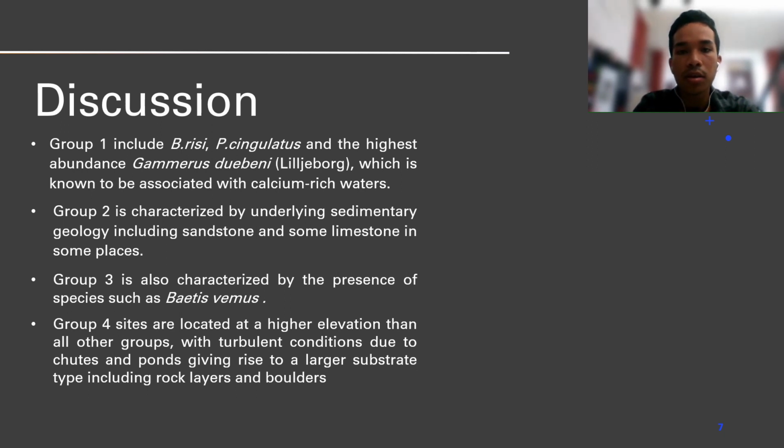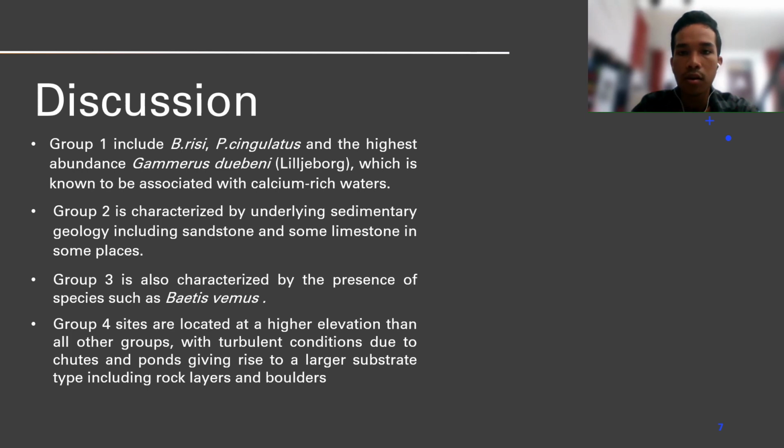The macroinvertebrates that characterize Group 1 include B. rhodani, P. cingulatus, and, with the highest abundance, Gammarus duebeni, which is known to be associated with calcium-rich water. Several sites in Group 1 with higher B. rhodani abundance have steeper slopes than the lower ones.